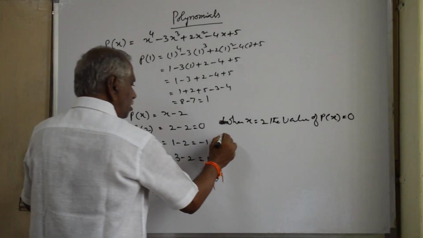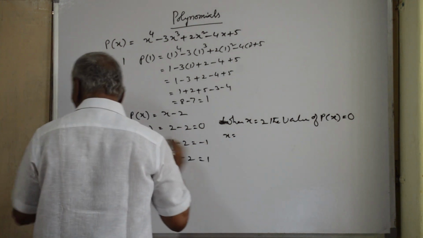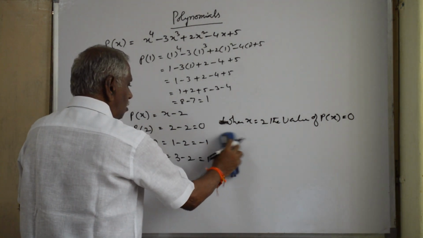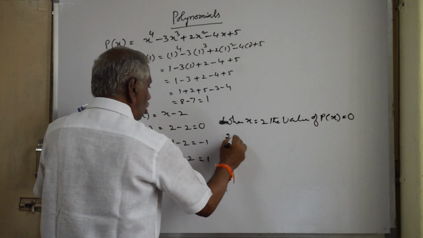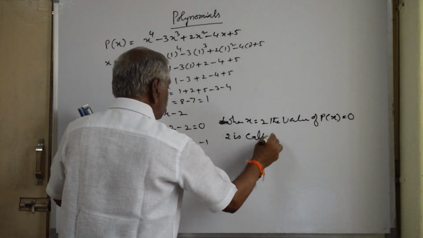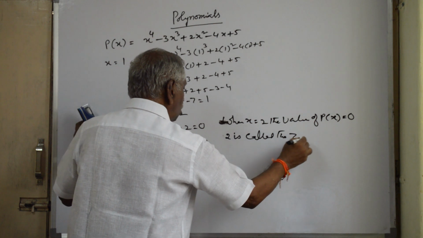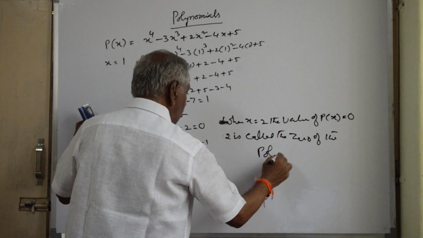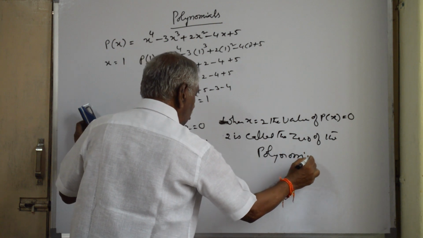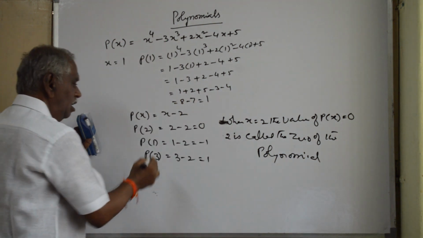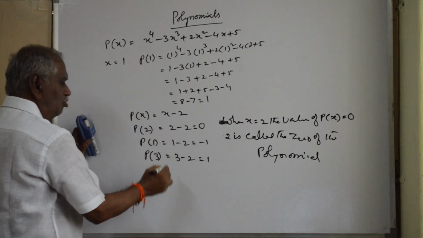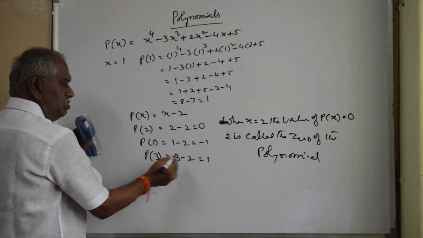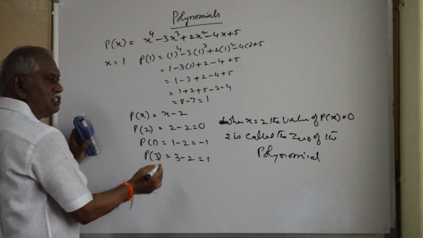Then x equal to 2, that is 2, is called the zero of the polynomial. Two is called the zero of the polynomial. Here 1 is not the zero of the polynomial because P of 1 is equal to minus 1, and 3 is not the zero of the polynomial because P of 3 is equal to 1.